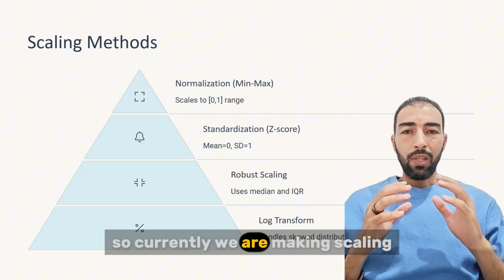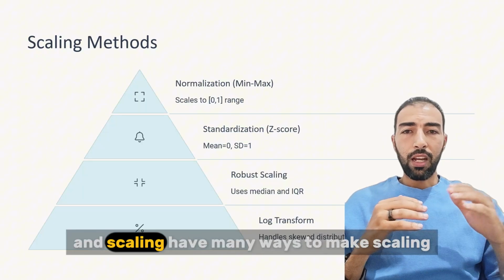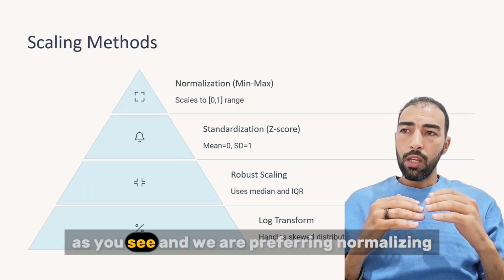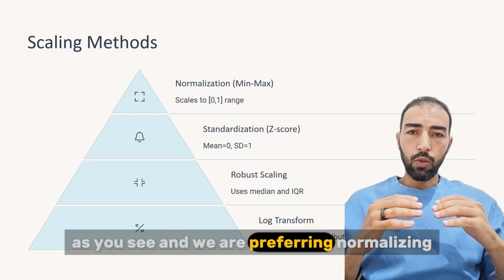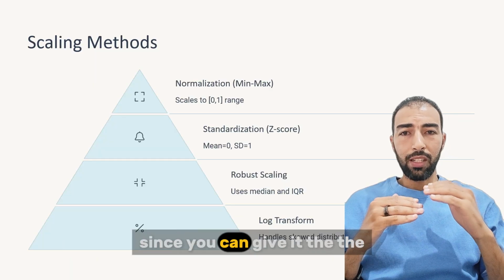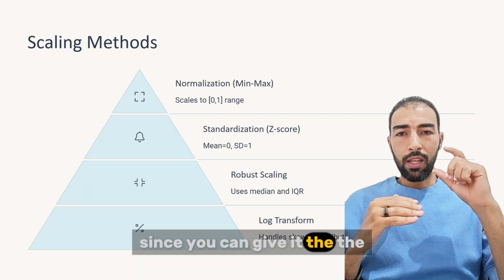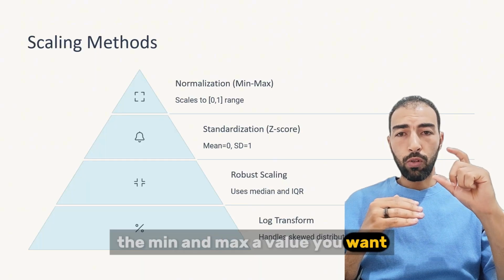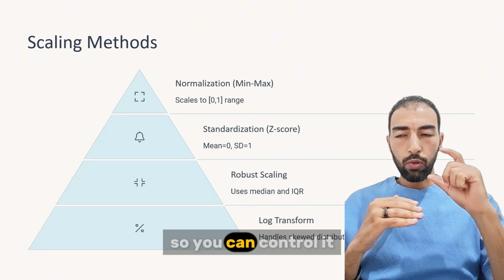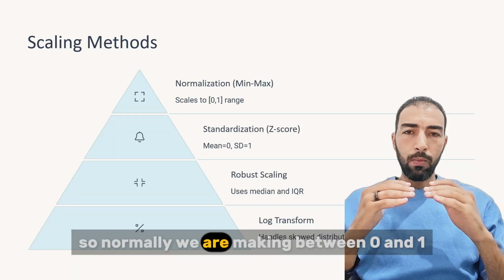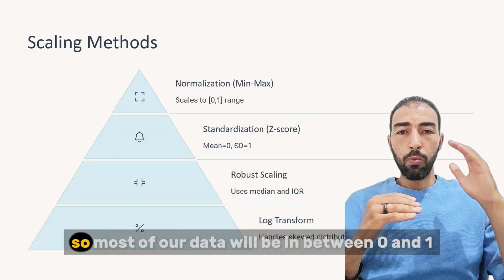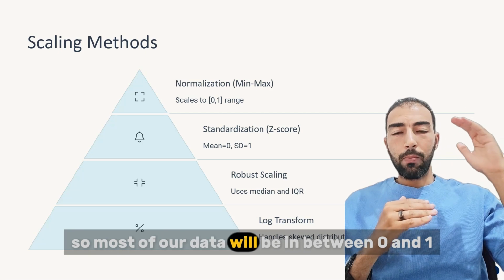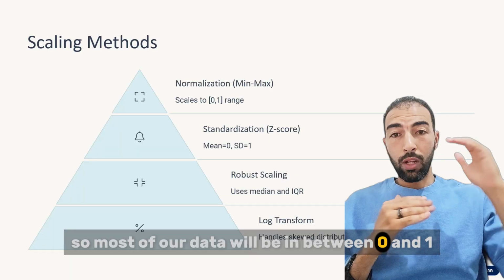So currently we are making scaling, and there are many ways to scale, as you see, and we prefer normalizing since you can give it the min and max value you want, so you can control it. Normally we scale between 0 and 1, so most of our data will be between 0 and 1.